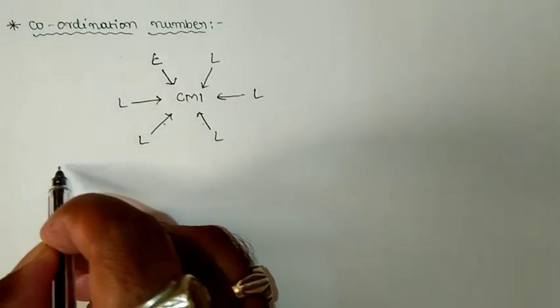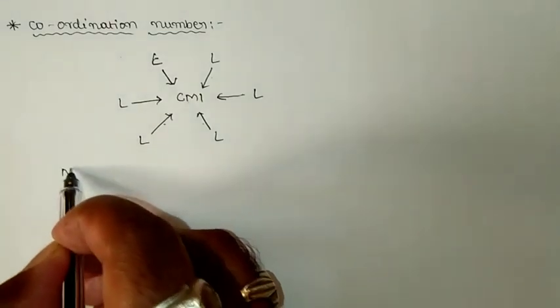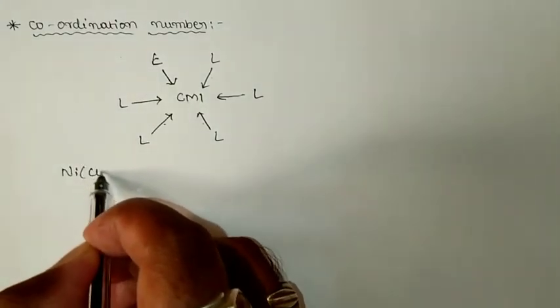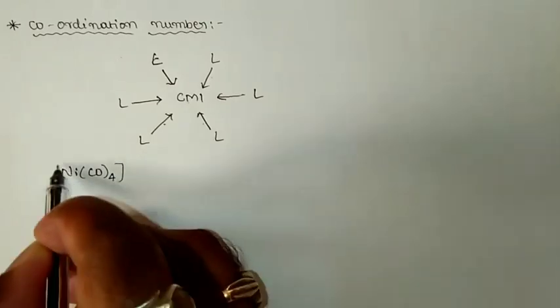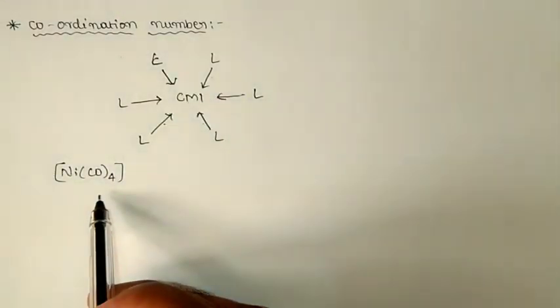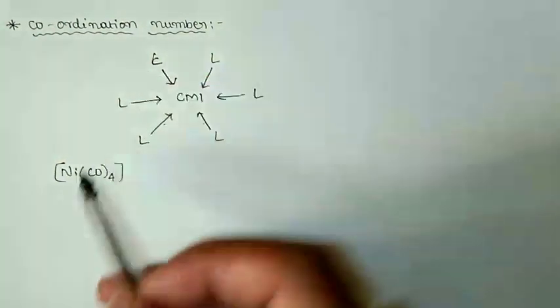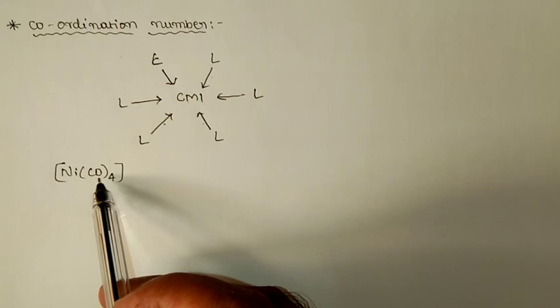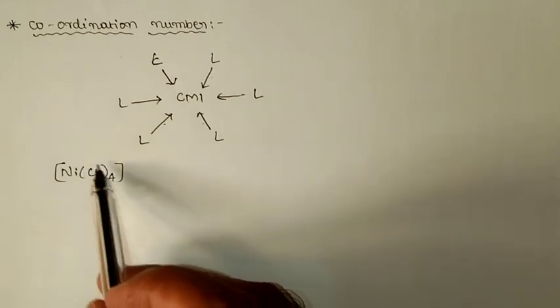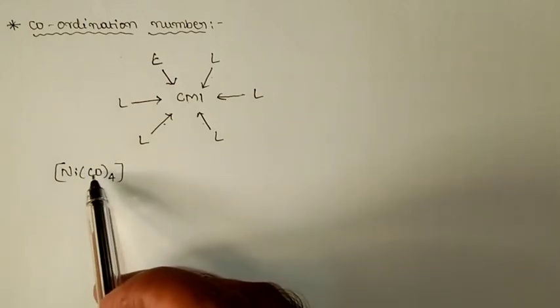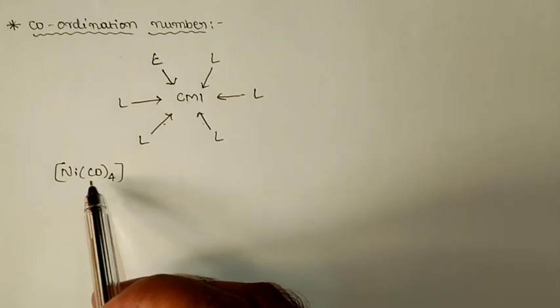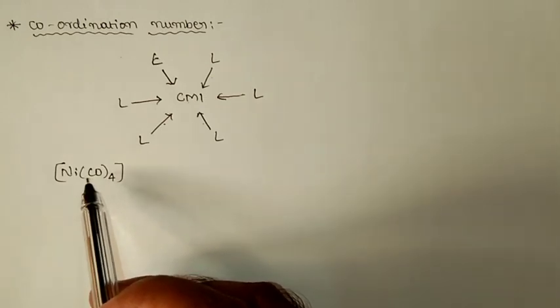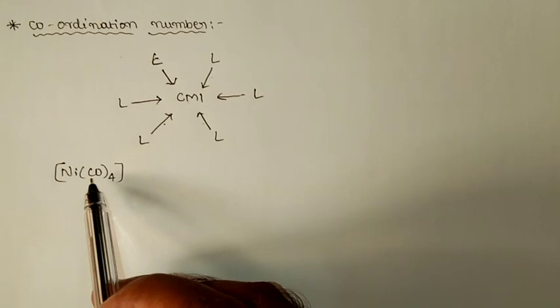So let us consider a simple one, say Ni(CO)4. This is one complex compound. So here the central metal ion is nickel and the ligand is carbon monoxide, and we know that carbon monoxide will be called as carbonyl, and carbonyl ligand is a monodentate ligand.